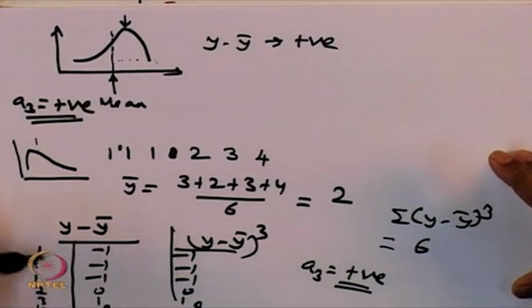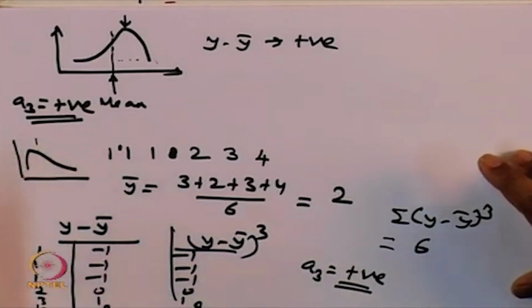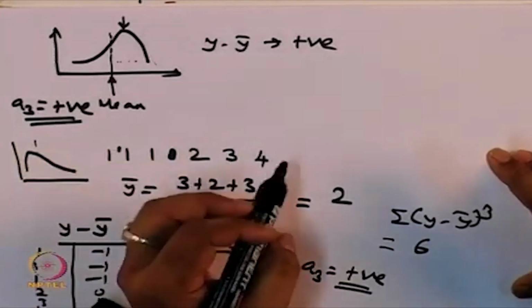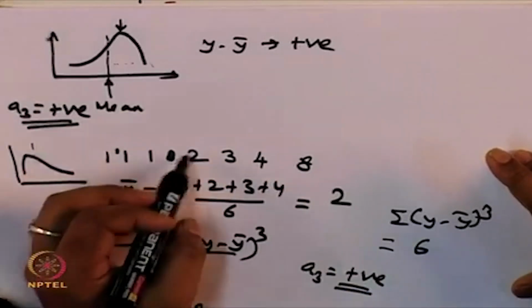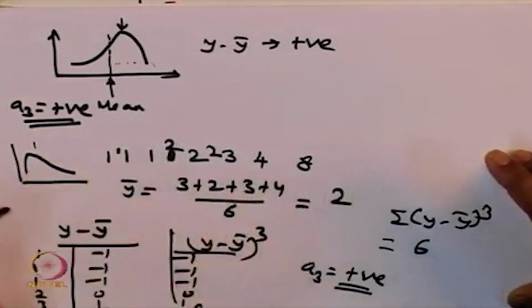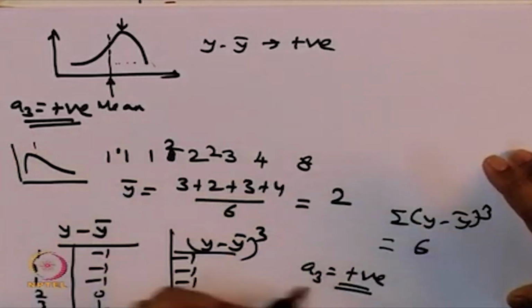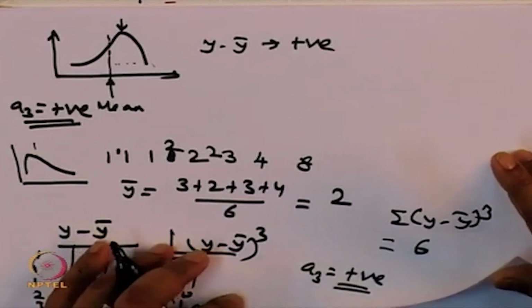But you can see that if these numbers were much to the left, if you had a few more of 2, 3, 4 and you had one number as 8 and you had more of 2, and you did this for this particular distribution, you might see that this will slowly become negative. Okay. So, with that I conclude today's class.